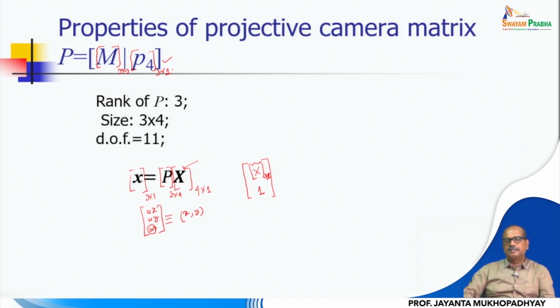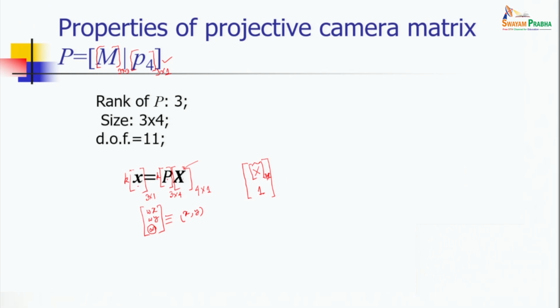Then the degrees of freedom, that is, the number of independent parameters, is not 12. You know that in a 3 cross 4 matrix there are 12 elements, but there are actually 11 independent parameters. This can be very easily seen because if the point P X gives me this x, and I multiply P with a scale k, that will give me a point kx, and in the projective space this is the same image point.